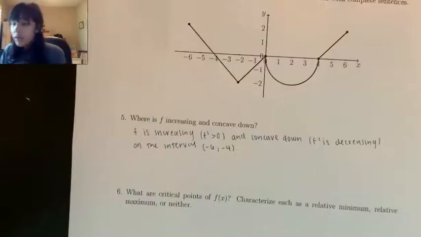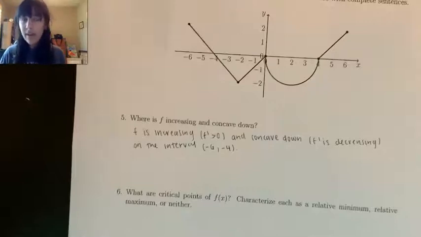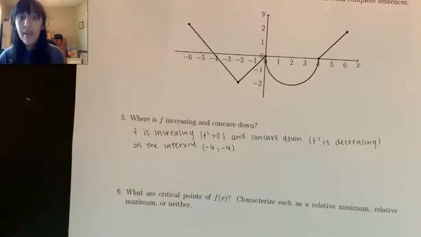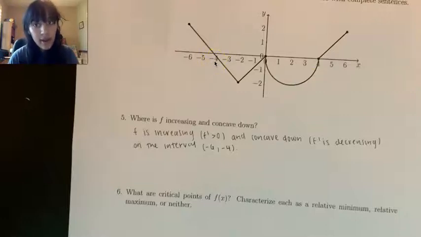There we go. So f is going to have a critical point whenever f prime is equal to 0. That's basically the rule. We didn't write it up there, but just know that your critical point is whenever f prime is equal to 0. So just looking here, f prime is going to be equal to 0 at x equals -4, x equals 0, and x equals 4.